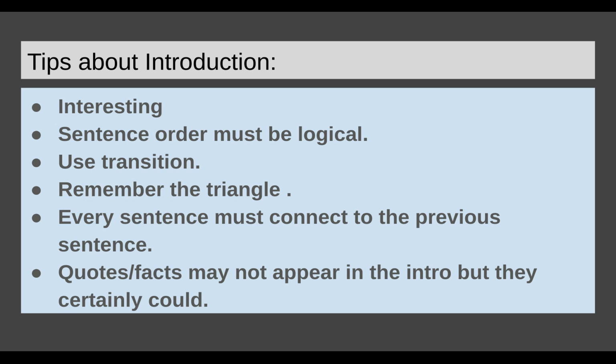This sentence order also must be logical. And that means that you can't skip around. You're going to make it flow. And the way you're going to make it flow is to think in advance, how am I going to get to the thesis? Well, one thing you could do to make it flow is to use transition.